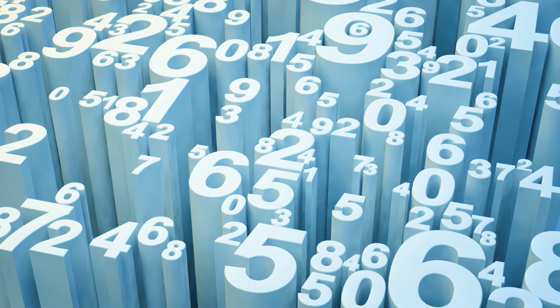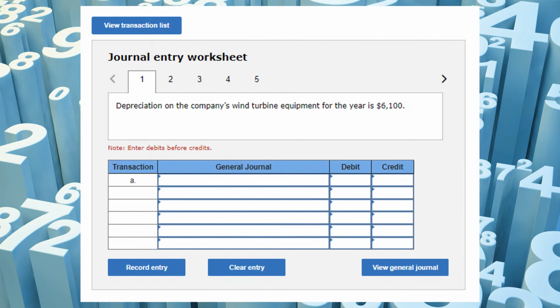Transaction 1 is to show depreciation on the company's wind turbine equipment for the year. The amount on my problem is $6,100. Your problem is going to be different, so make sure you get the correct numbers for your problem. To find the correct way to do this, we can look at our textbook on pages 90 to 92 under depreciation.